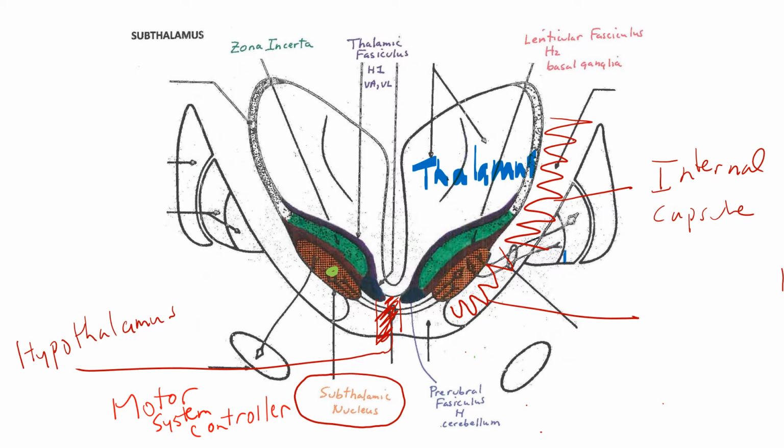The second area associated with the subthalamus is an area colored in green here, which is called the zona incerta. The zona incerta gets its name because it is actually inserted in between the thalamus and the subthalamic nucleus.